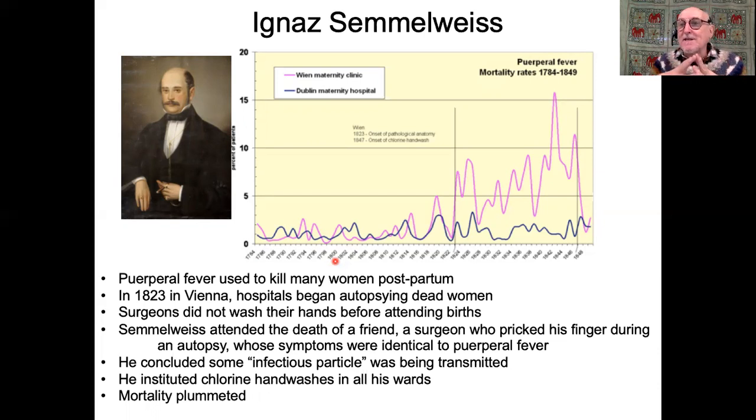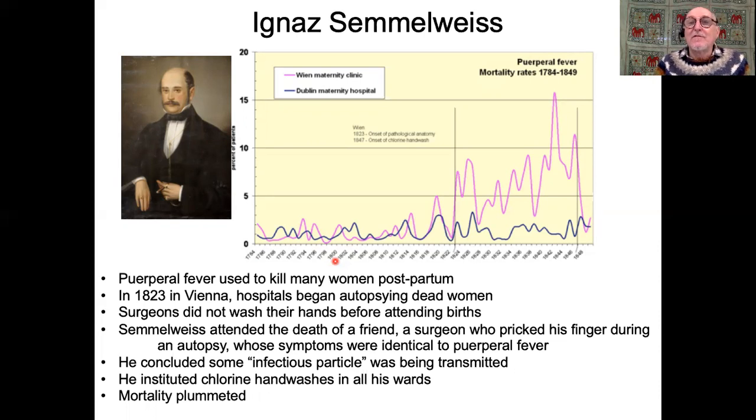One of the most dangerous things that a woman could do at this time was to give birth. But even more dangerous was to give birth in a hospital environment, because there was a very high rate of what was referred to as puerperal fever, a fever of childbirth.